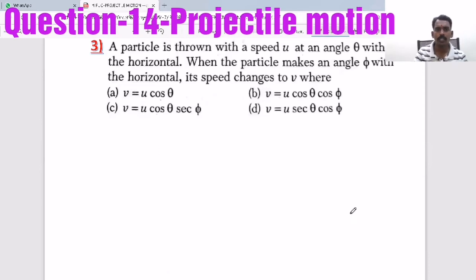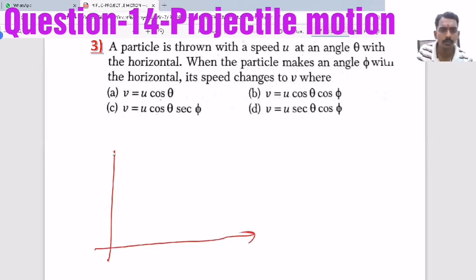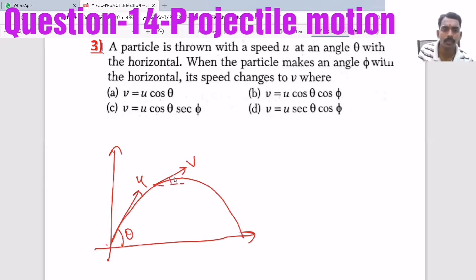Now the next question. A particle is thrown with a speed u at an angle theta with the horizontal. When the particle makes an angle phi with the horizontal, its speed changes to v. See, first we have thrown with a speed u at an angle theta. Then it goes and moves like this, and after some time the speed became v and the angle became phi. Initially the speed is u and the angle is theta, so the horizontal component is u cos theta.